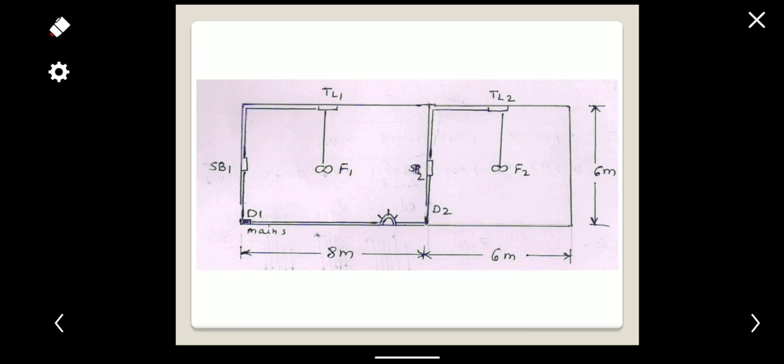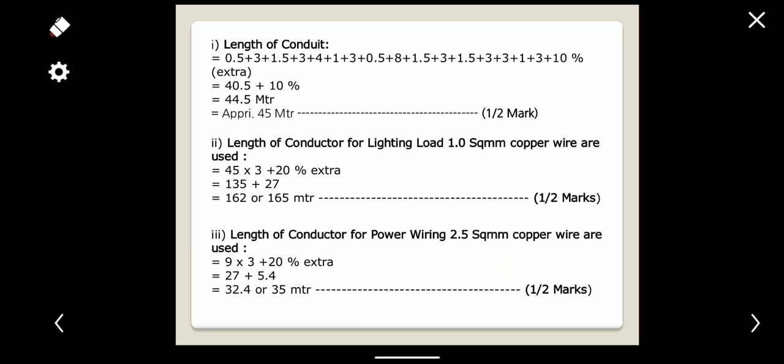So this is exactly the installation plan. According to this plan, you should calculate the length of conduit. So 0.5 plus 3 plus 1.5 plus 3 plus 4 plus 1 plus 3, these are the overall heights and lengths of the conduit.